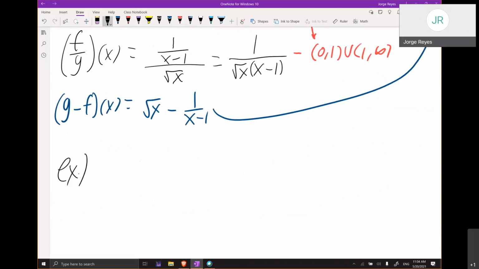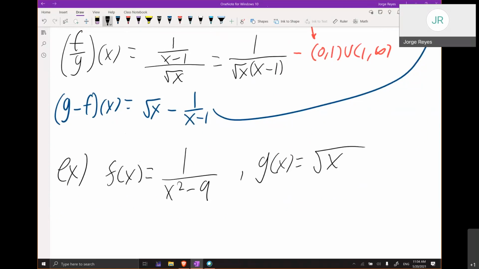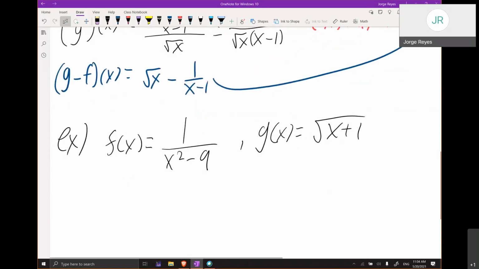Let's do another example. Here I'm going to have f is 1 over x squared minus 9, and g is going to be the square root of x plus 1. If we remember the domains, the domain of this one would be -1 to infinity.